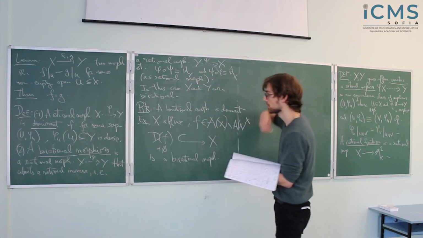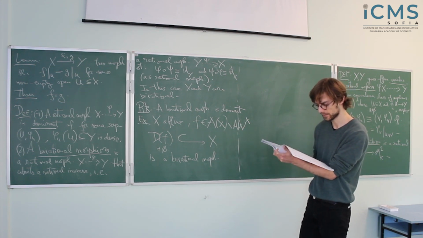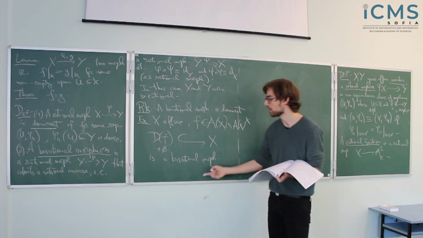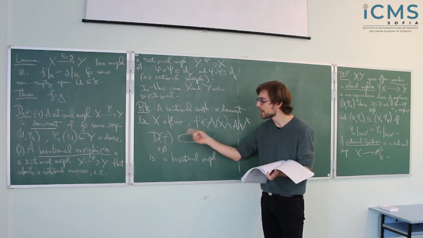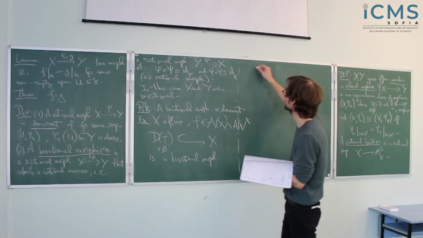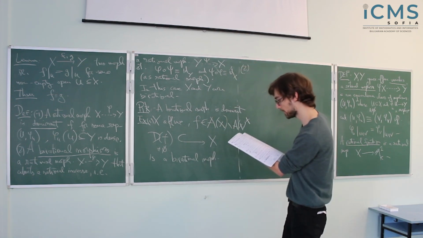Well, very often we will have an abuse of terminology by saying that a map will actually be a birational morphism when in fact we're talking about this class. Okay, so this should be a first example. Sorry about that.